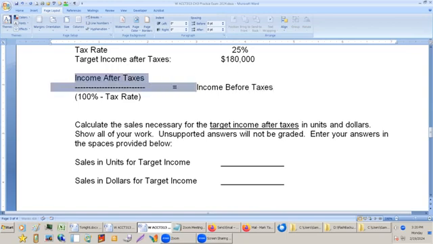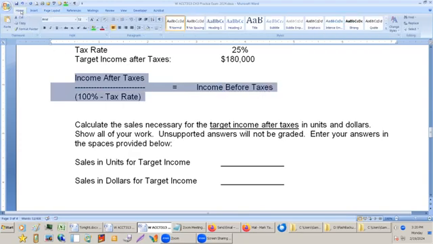So this is the formula that we use, and this is what we need to plug into our equation.